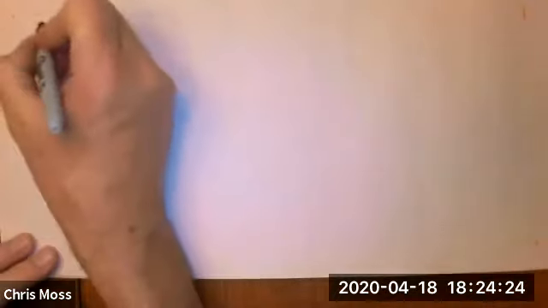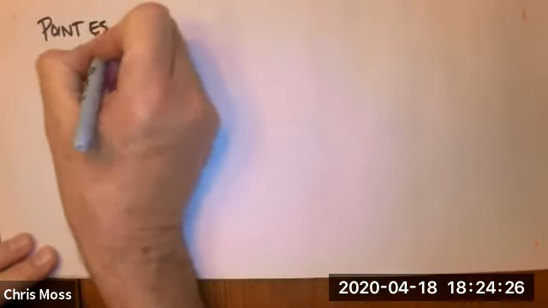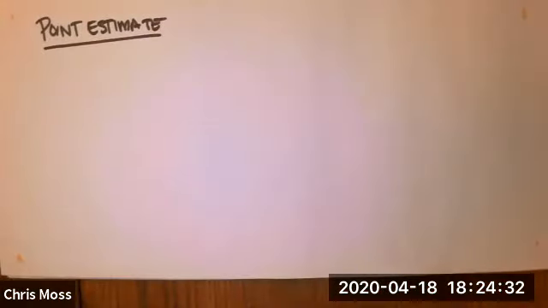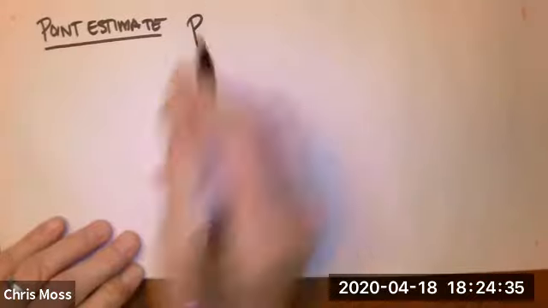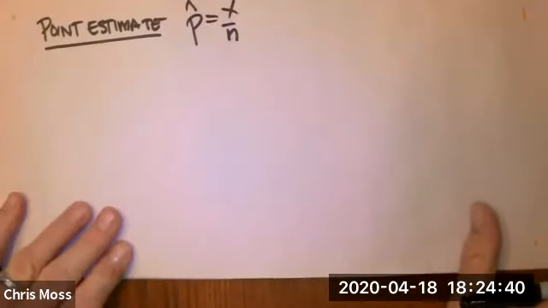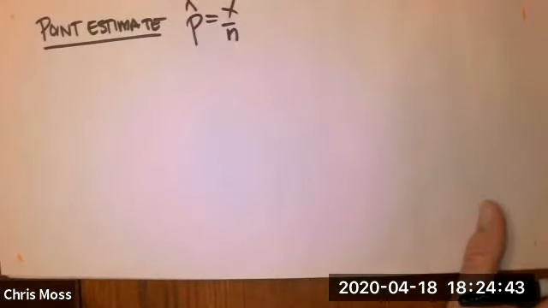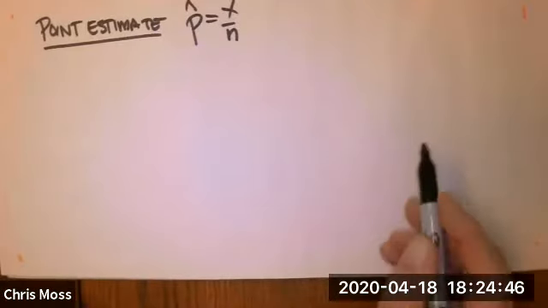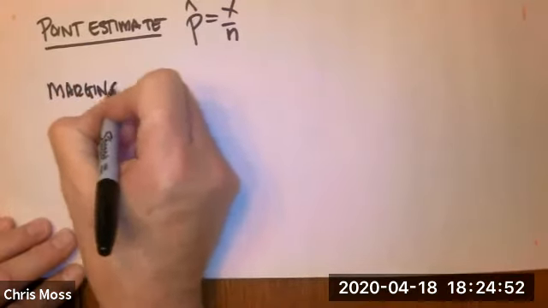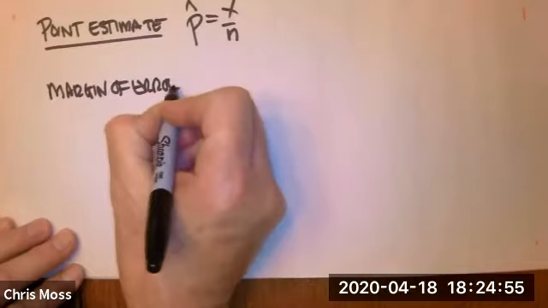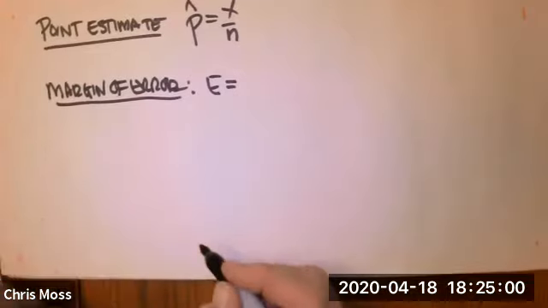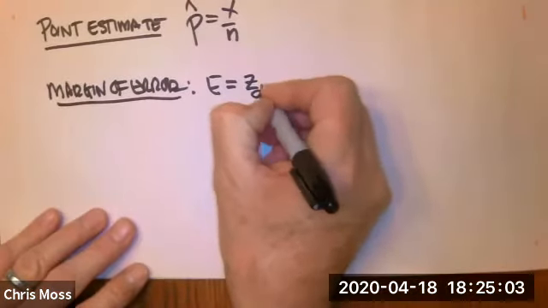Some vocabulary first. We have our point estimate. That is our best guess. Our point estimate, the best guess as to what the true parameter is, is our p hat value. That's the x over n. That comes to us from our sample, and it's really one of the few things we know for sure. We're going to take that point estimate and add to it the margin of error. And that margin of error is given to us by the letter E, and we actually have a formula. The formula is quite impressive.